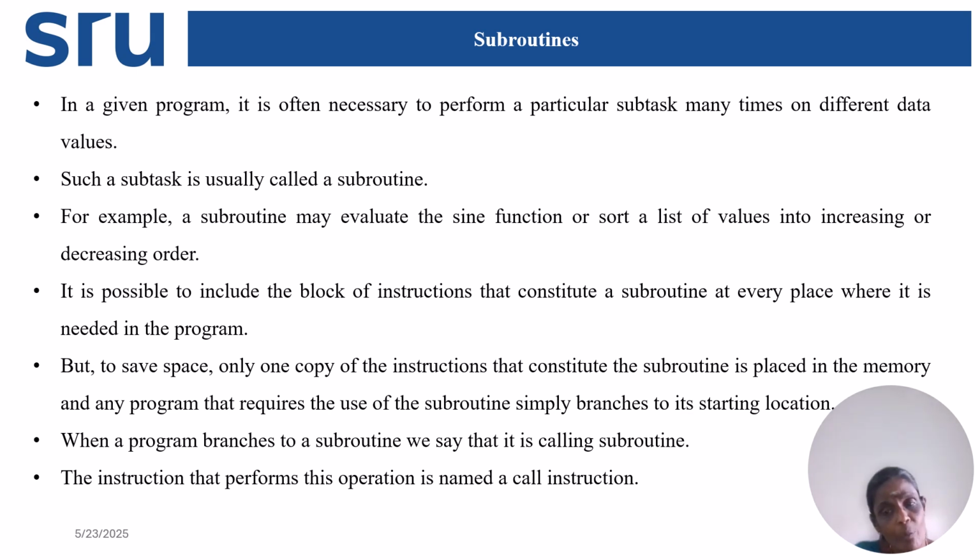So n number of times the same task will be executed. For that, n number of times the same coding is written in the main program. What is the disadvantage? It occupies more and more space.